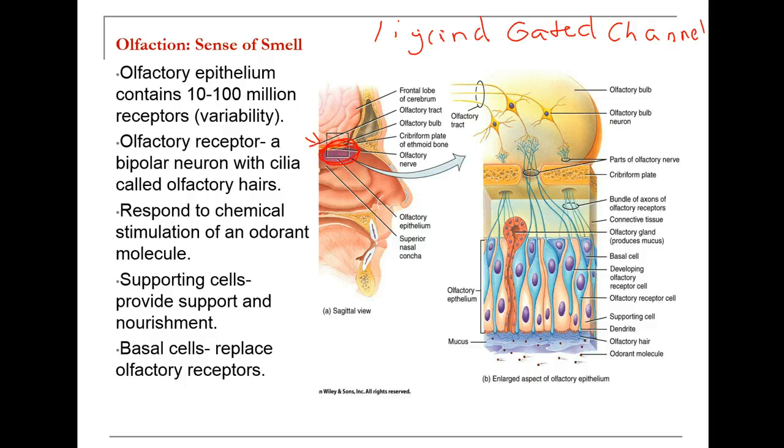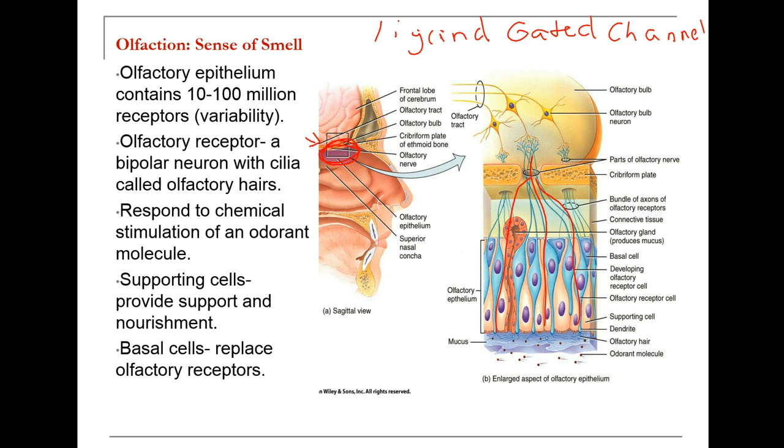Okay. So these neurons will penetrate through the bones that cover the opening to the nasal cavity, so they'll penetrate down and they'll go down into the nasal epithelium. Okay. These neurons are bipolar neurons.